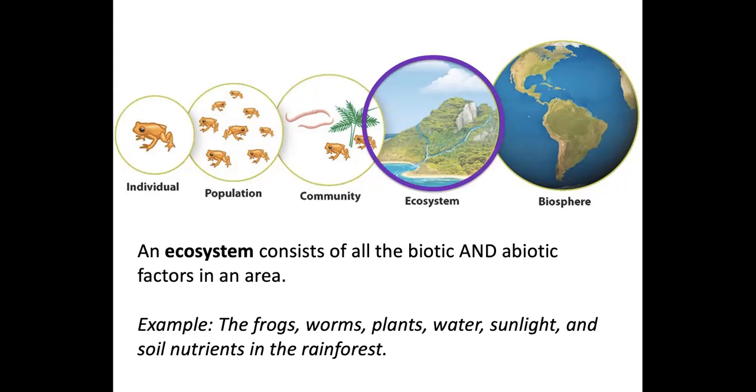Then we move on to the ecosystem. This consists of all the biotic and abiotic factors in the area. So now we're combining all of the living and non-living things: the frogs, worms, plants, water, sunlight, and soil nutrients in the rainforest. That would be an example of an ecosystem.